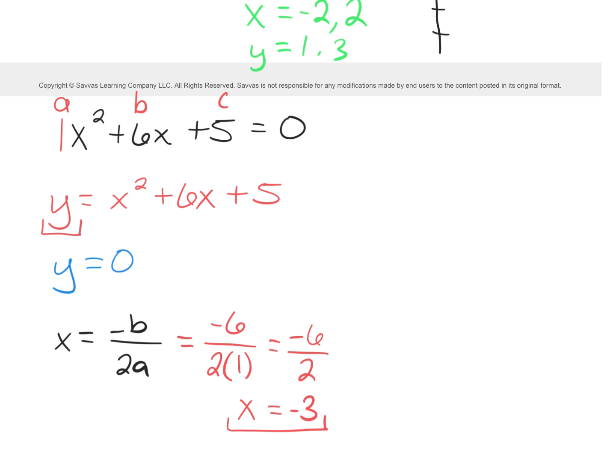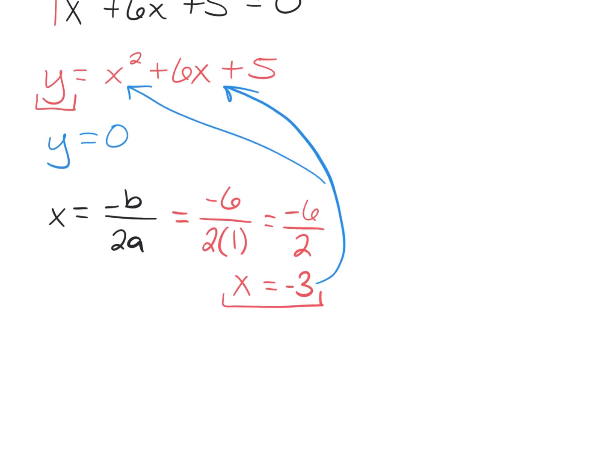For this equation, we are going to plug our x into this equation here to find out what our y is. So I have y equals (-3) squared. Whenever you plug a number in, put it in parentheses so you can see it better. (-3) squared plus 6. Is it 6 minus 3?